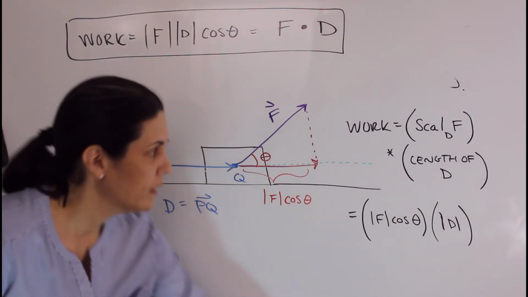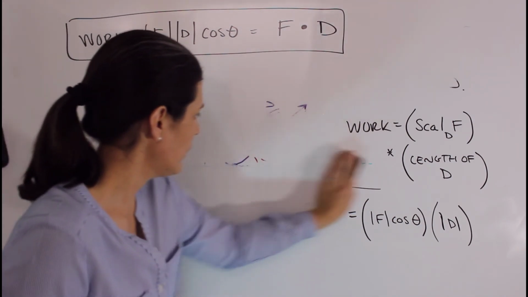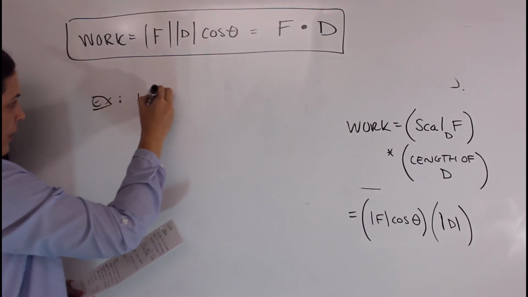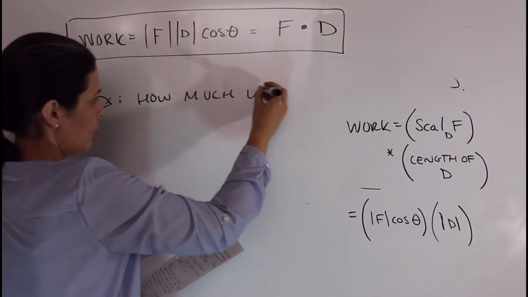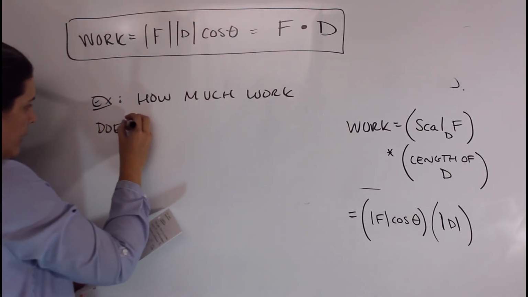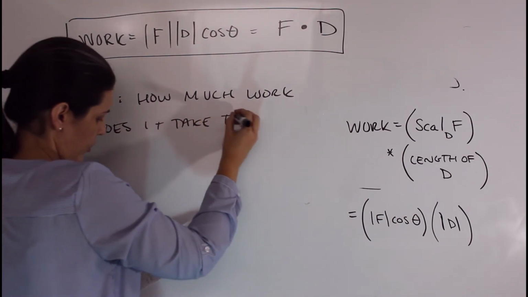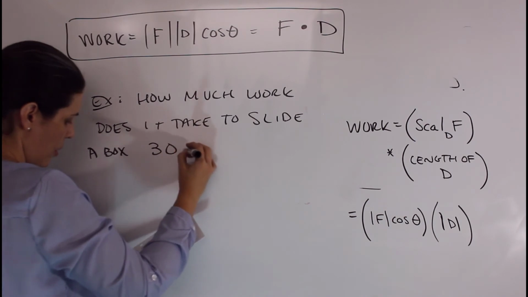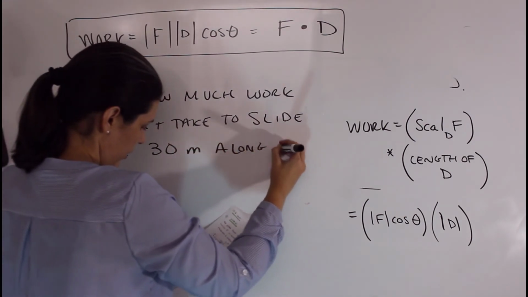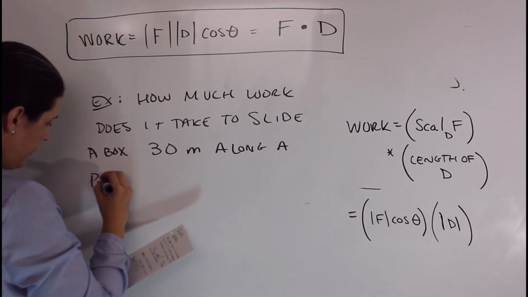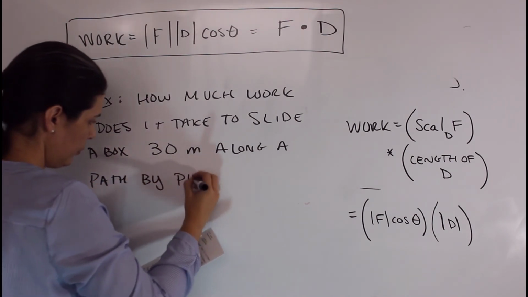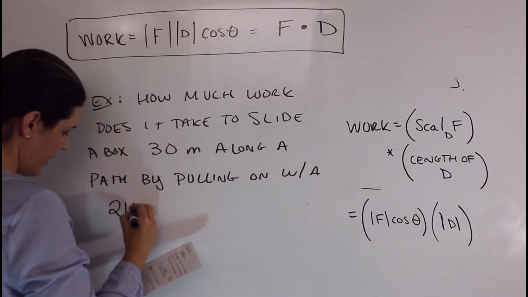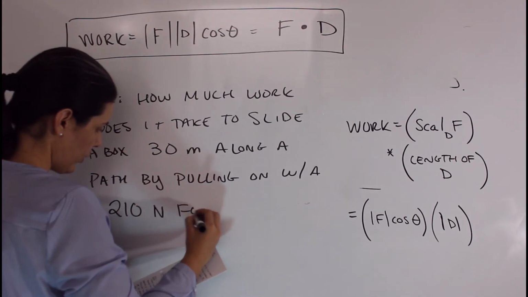So let's just do a really nice quick example with some numbers so you can put this all together. And so let's say we want to know how much work does it take to slide a box 30 meters along a path by pulling on it with a 210 Newton force.